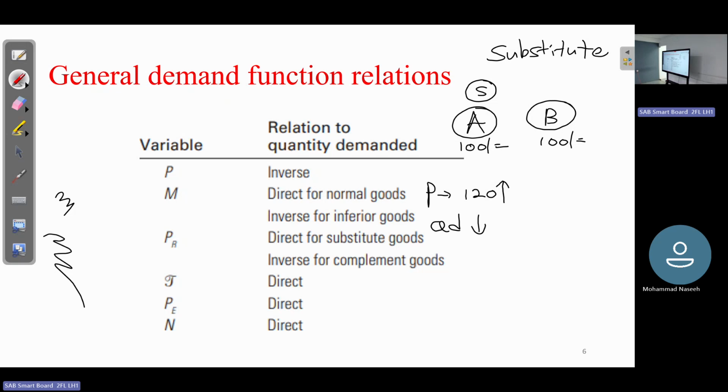Write down a list. Substitute products are the products that can be used to satisfy the same need for both.